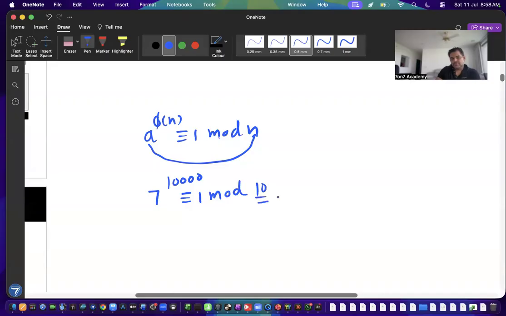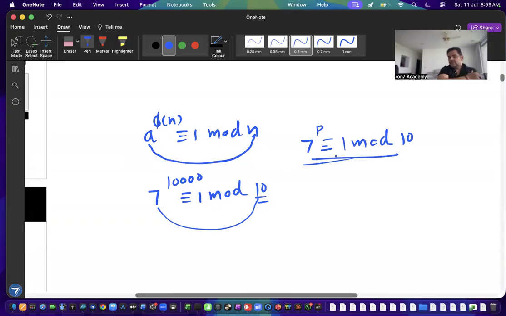Now this is not a prime number, but it is co-prime with that. So for what p is 7 raised to p congruent to 1 mod 10? We first have to find out. If we get the repetitions of it, then our work will be done.